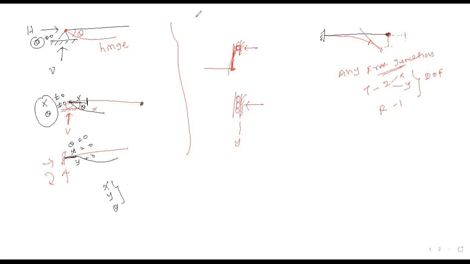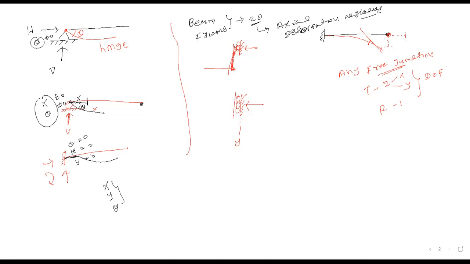So now, whenever we are dealing with a beam or frame kind of 2D structure, we will neglect axial deformation. Basically, we will neglect the axial deformation.